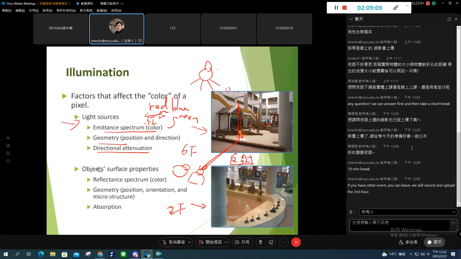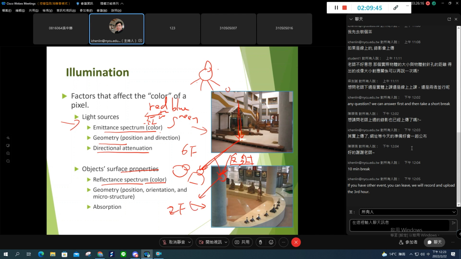And for objects, we also have this kind of property. The first one is different kinds of object, such as this is a gray pole here, and gray pole here. When a white light is emitted on or sprayed on the surface, a portion of light is absorbed, and a portion of it is reflected.